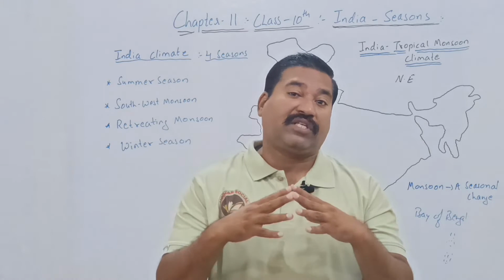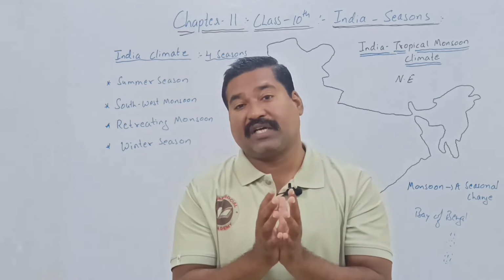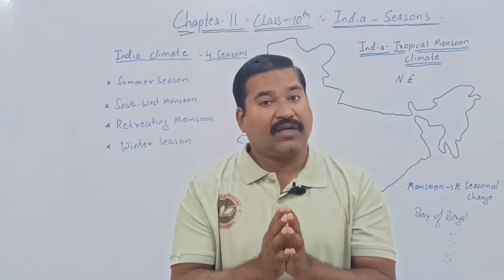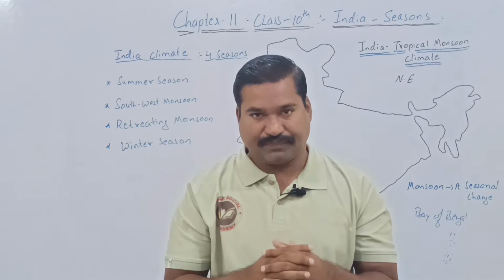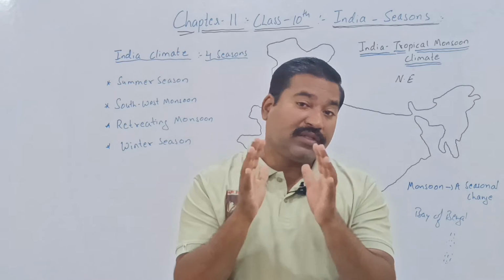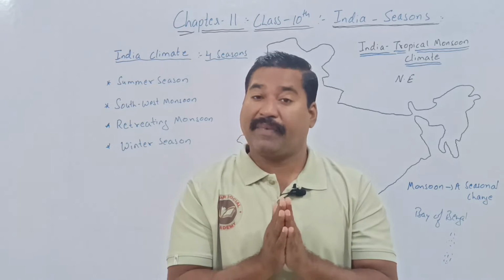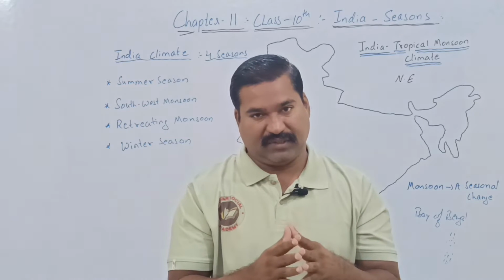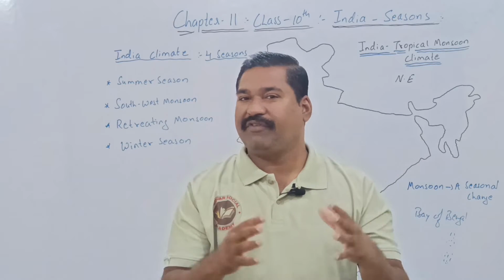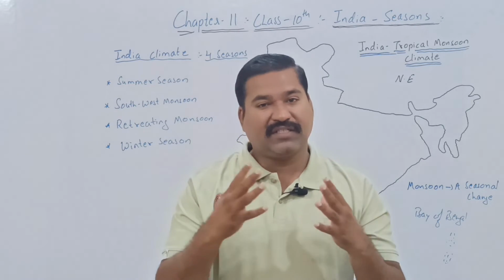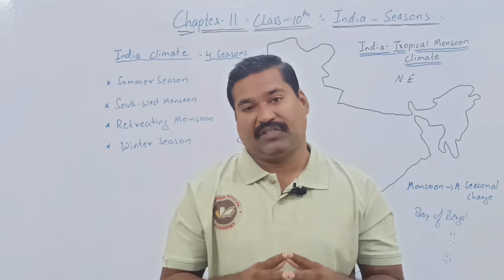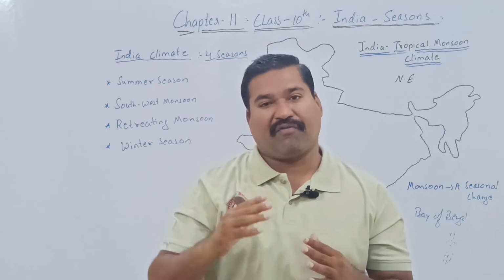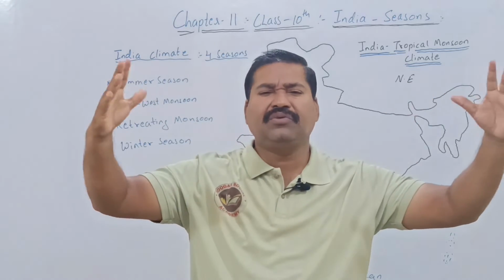Now the geographical features of this country called India have influenced the seasons a lot. On the basis of relief features, we studied in our first chapter of geography that towards the northern part of India there are huge Himalayas.